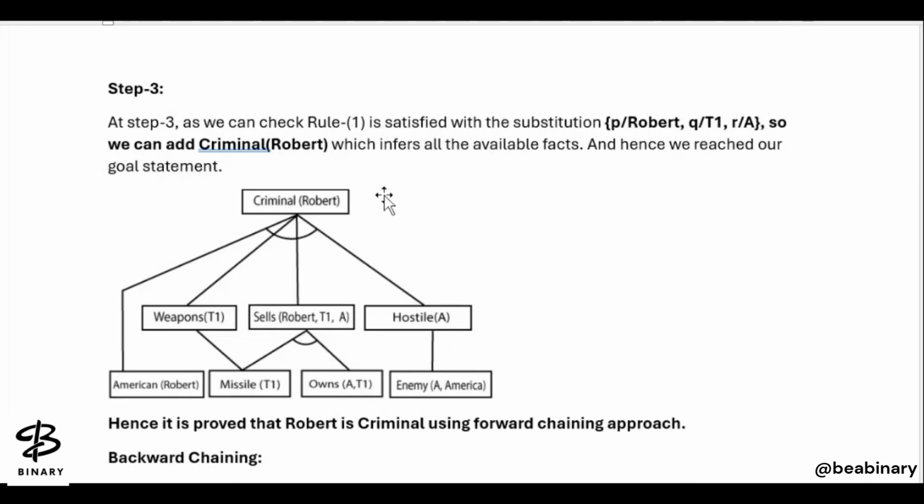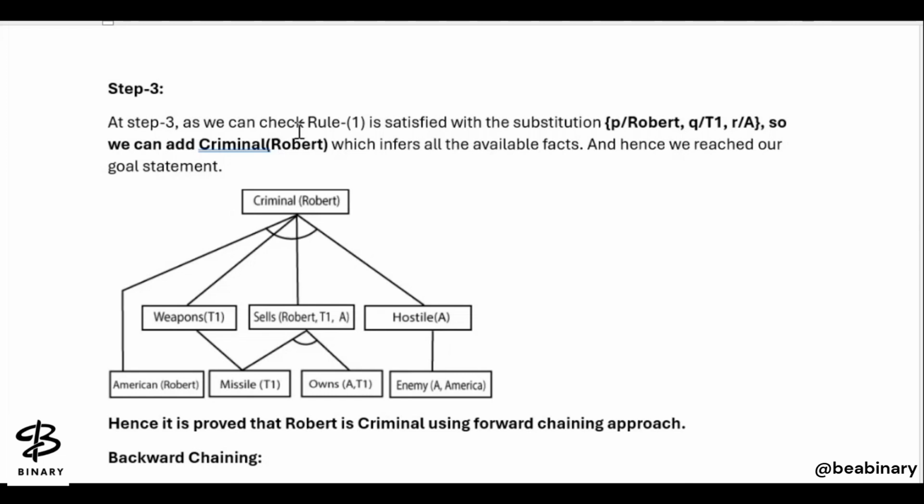First, we can see that Robert is an American, so it is proved here. Then we see that Q is a weapon which is sold by Robert to R, and R is hostile. These are the known facts: R is hostile, Q is a weapon, and P has sold that weapon to R. So in the second step, we have concluded this.